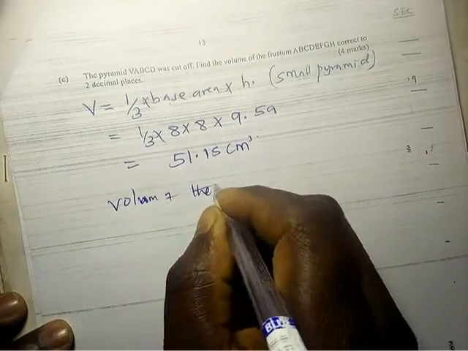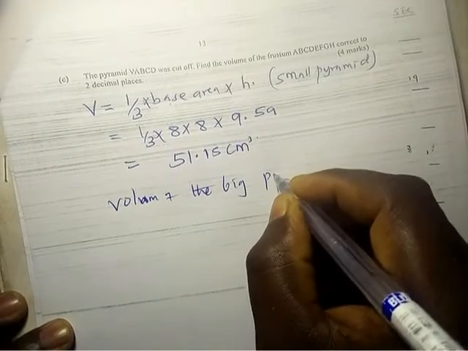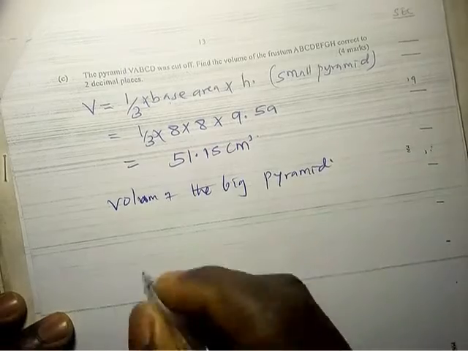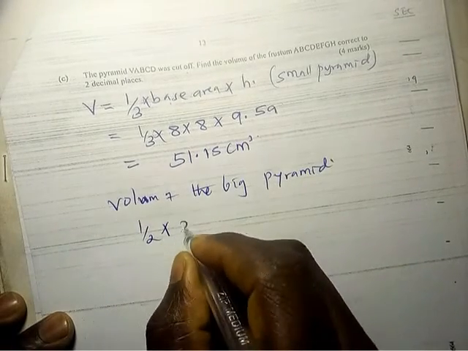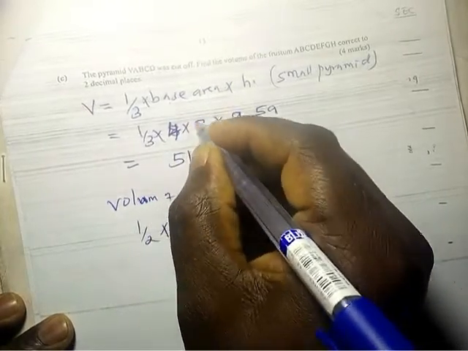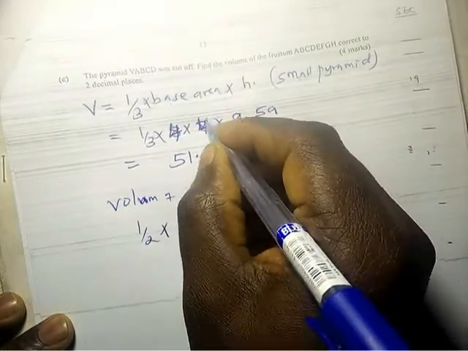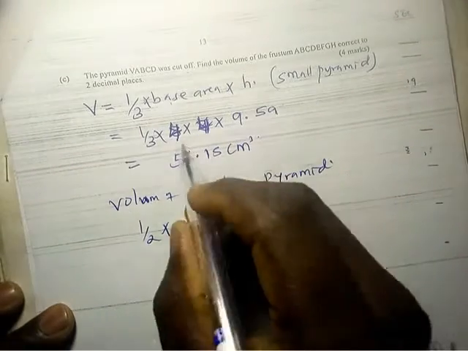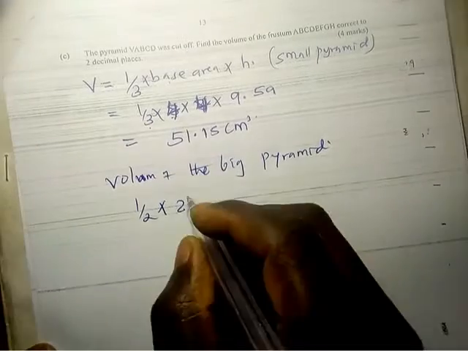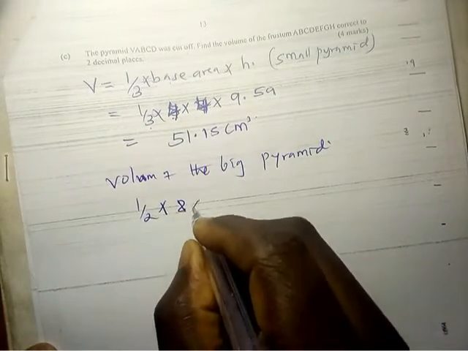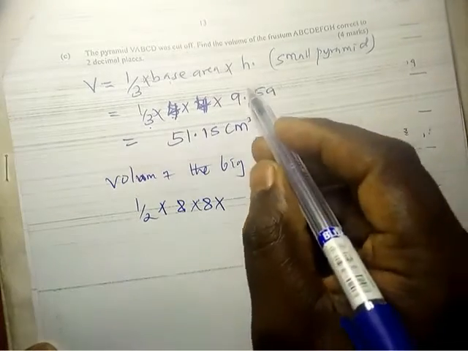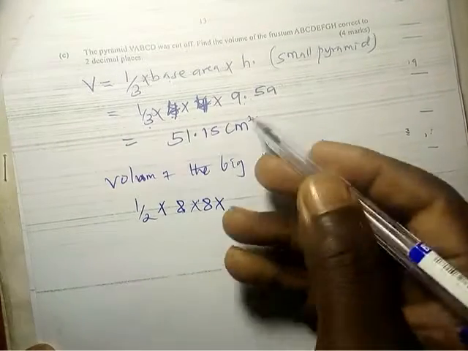Now the volume of the big pyramid. The base is 8 times 8, and then the height is going to be twice that of the small one, because it is a half.